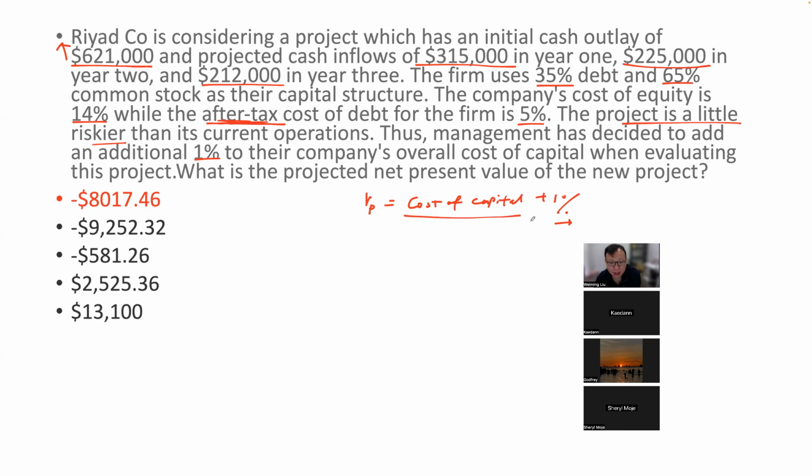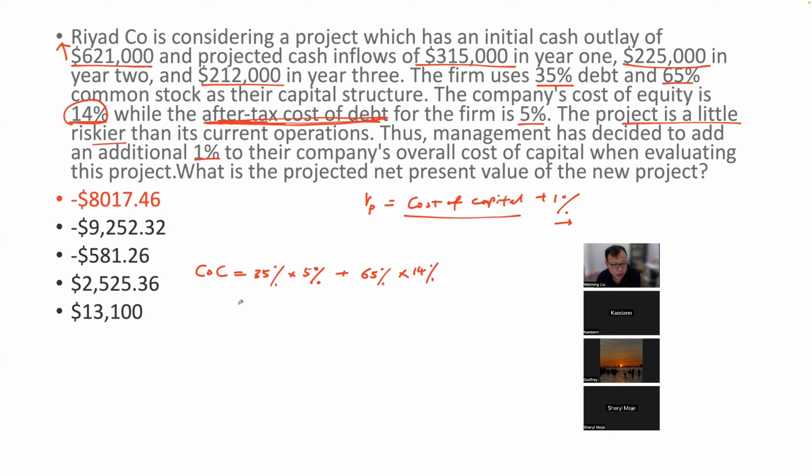This part should be pretty straightforward. The cost of capital equals the weight of debt, 35%, times the cost of debt after tax. This is after tax, so in this case, if I use 5%, I do not use the tax shield. Plus 65%, the weight for the equity, times the cost of equity, which is 14%.